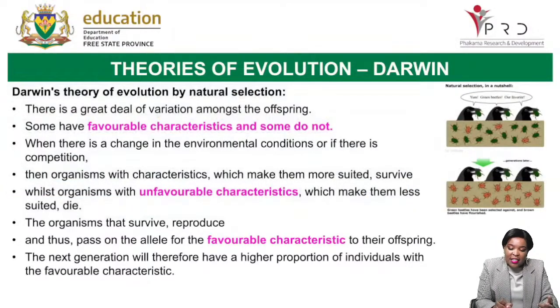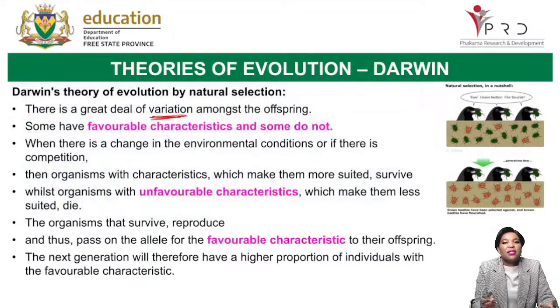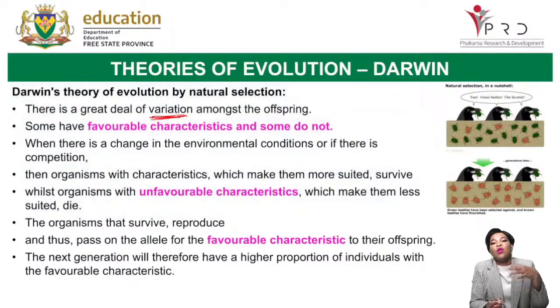There is a great deal of variation amongst the species. So it means not all species are the same. If we are talking about giraffes, there will be giraffes with long necks and giraffes with short necks and middle necks and whatever. So he's talking about variation amongst the offspring.